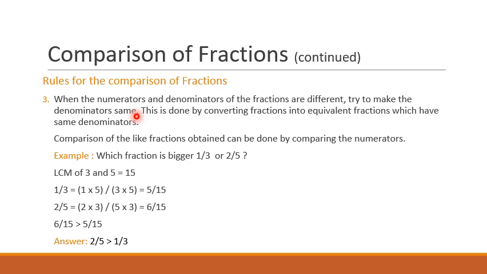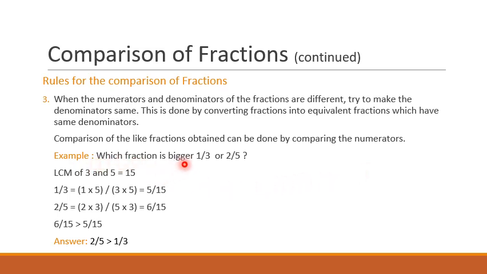This can be done by converting the fractions into their equivalent fractions which have the same denominators. Once we get such equivalent fractions, their comparison can be done by comparing the numerators. Let's understand it with the help of an example so that the thing is clear to you.